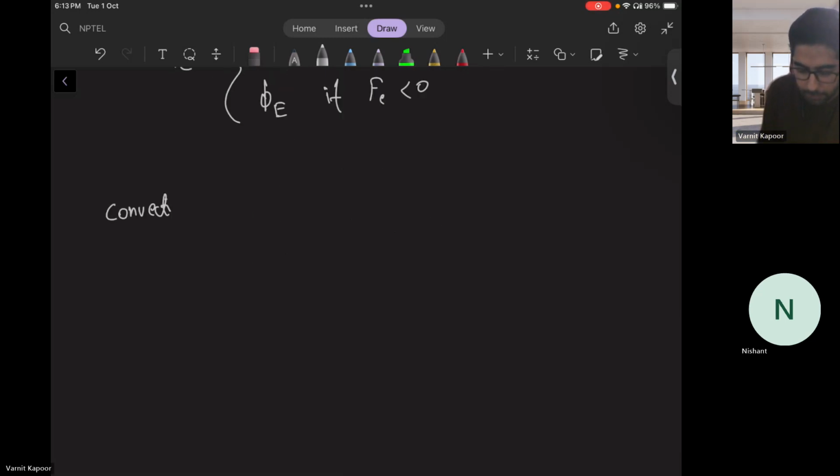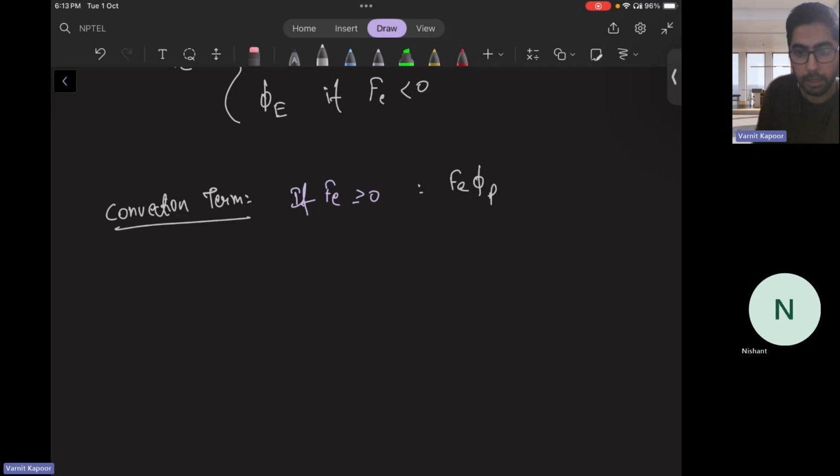If FE is greater than or equal to 0, then the convection term will be FE phi P. Else, it will be FE phi E.